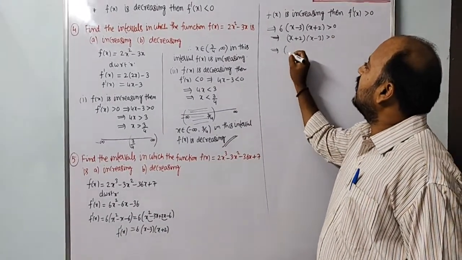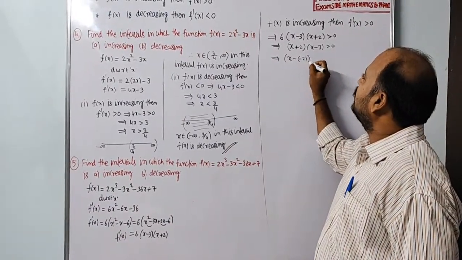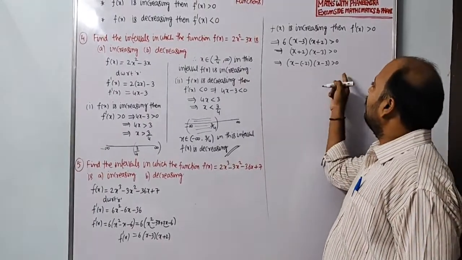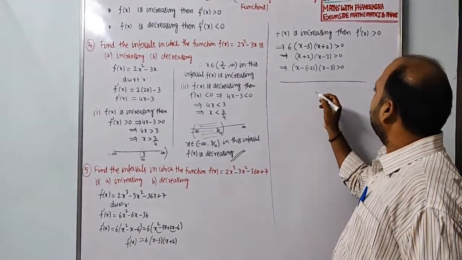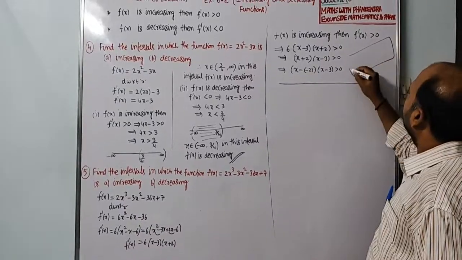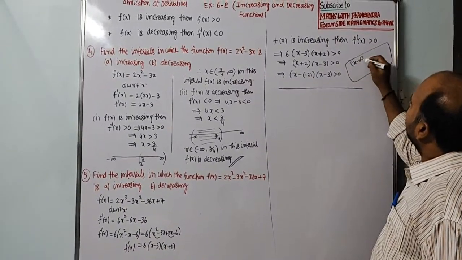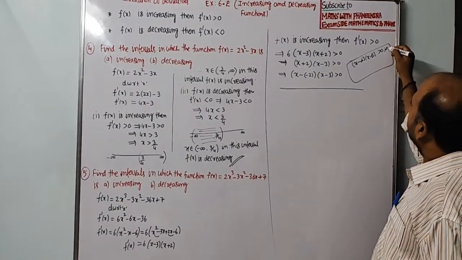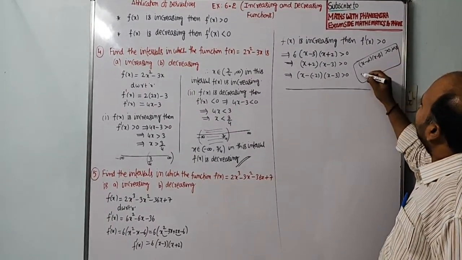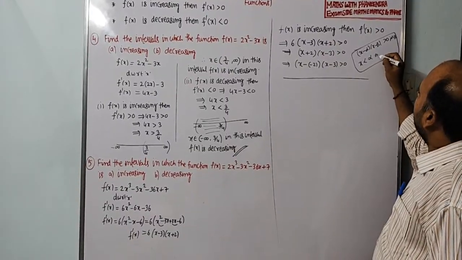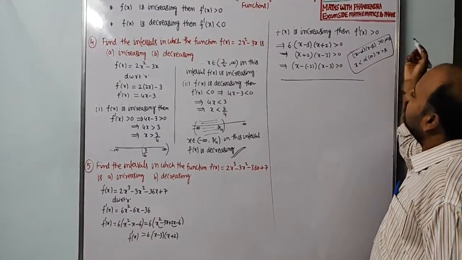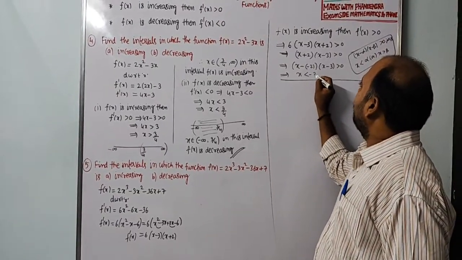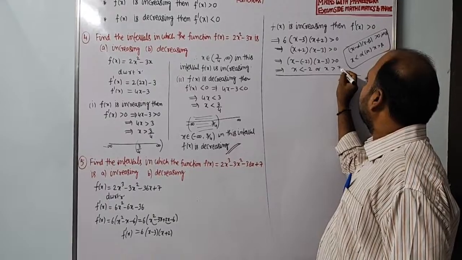So x plus 2 can be written as x minus of minus 2 into x minus 3 greater than 0. We have the formula: x minus alpha into x minus beta is greater than 0. When alpha is less than beta, x is less than alpha or x is greater than beta. So based on that, x is less than minus 2 or x is greater than 3.